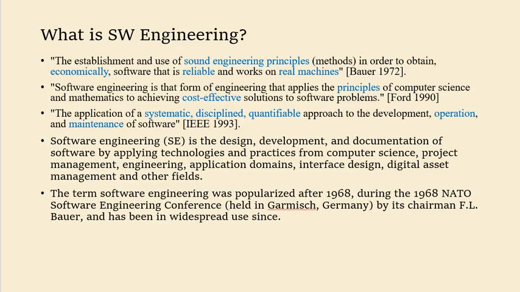IEEE 1993: the application of a systematic, disciplined, quantifiable approach to the development, operation, and maintenance of software. In this one, systematic, disciplined, quantifiable, those are sound engineering principles. It's another term for that. This one brings in the notion of maintenance of software, which is a huge topic that we don't get to address too often in academia.